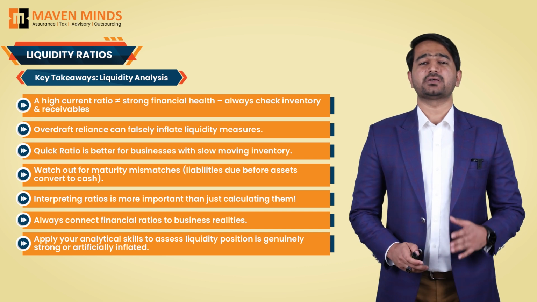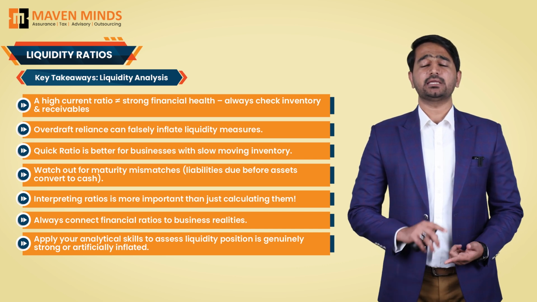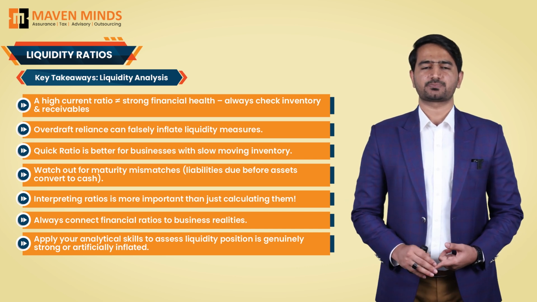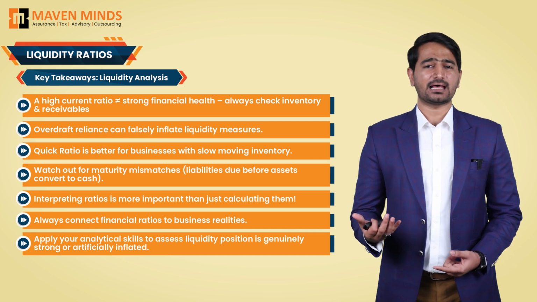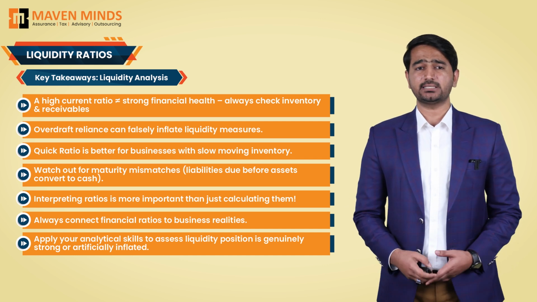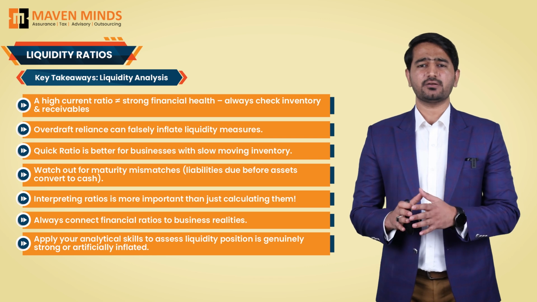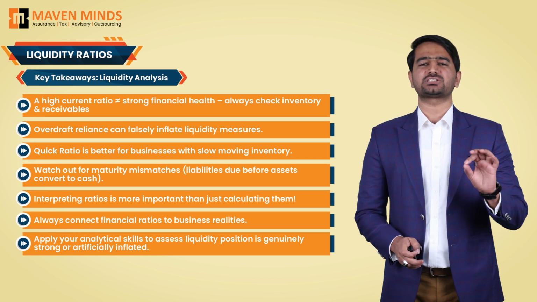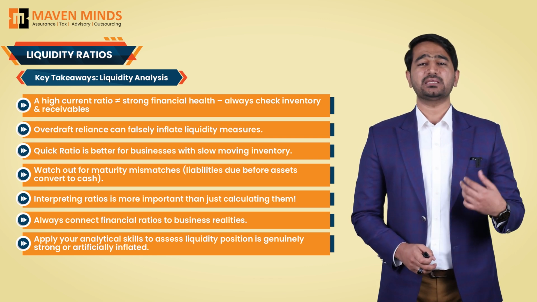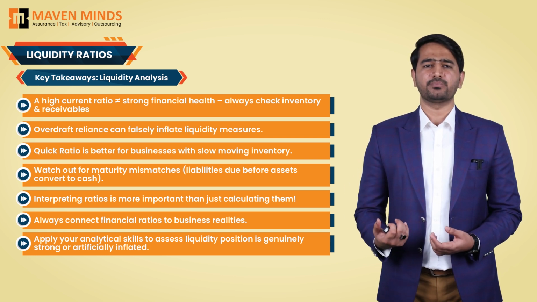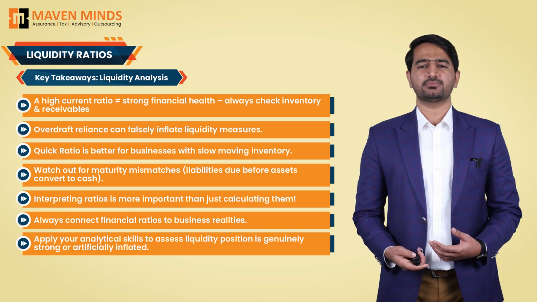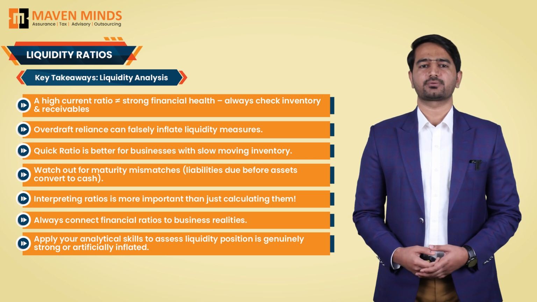So the final takeaways are that liquidity is not just about high ratios. It's about whether the company can convert its current assets into cash when needed. A strong current ratio does not always mean financial stability. It must be analyzed alongside other factors like inventory movement, receivable collection, and reliance on overdraft.